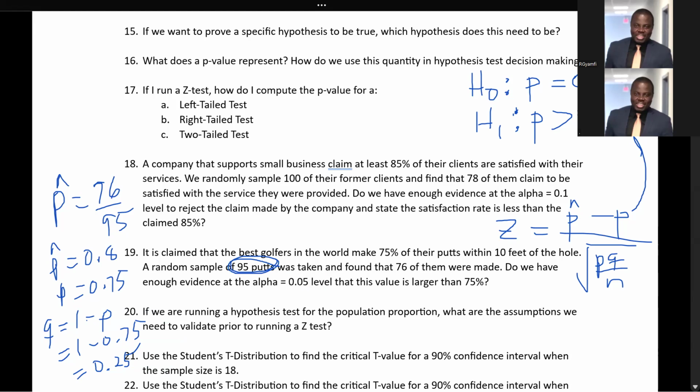So we plug the numbers in, we have 0.8 minus 0.75 over the square root. P is 0.75. Q is 0.25 divided by N, which is 95.